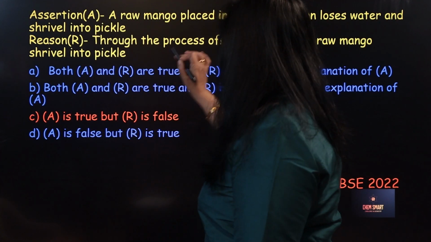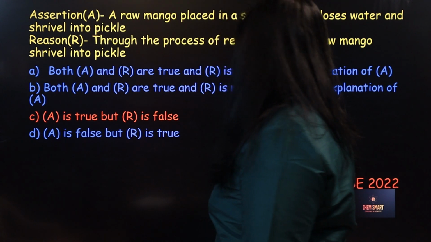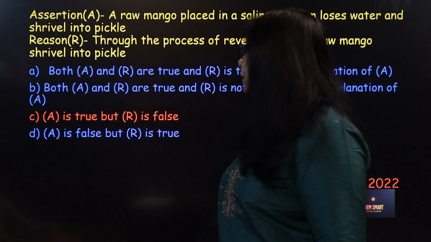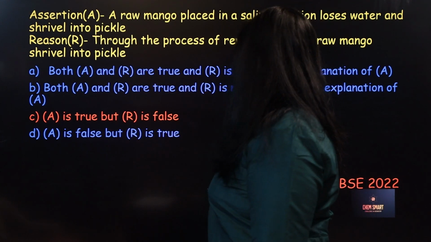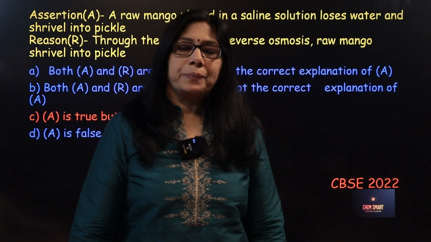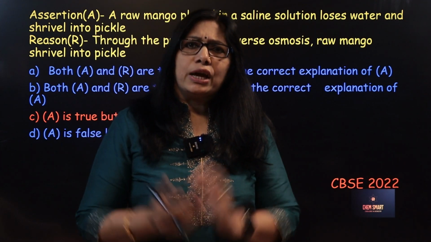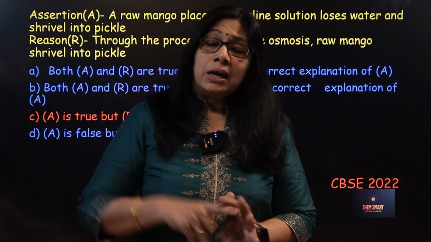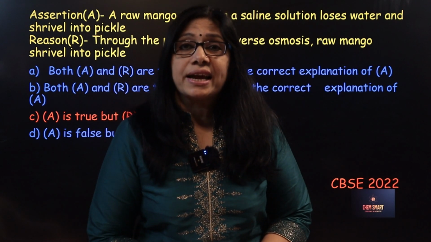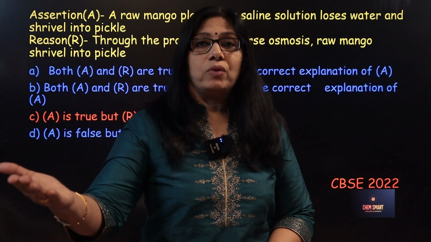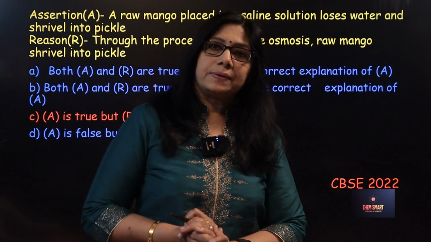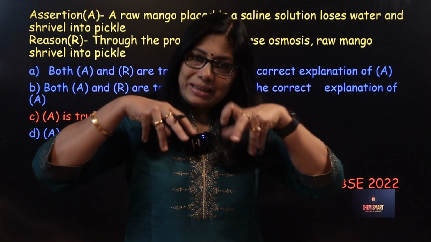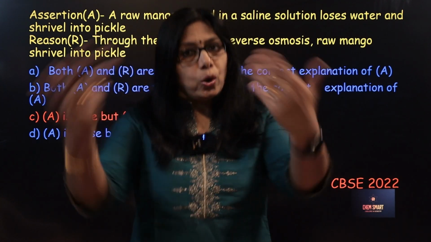Assertion: a raw mango placed in a saline solution loses water and shrivels into pickle. Reason: through the process of reverse osmosis, raw mango shrivels into pickle. You know, a raw mango contains a lot of water content inside. And when it is placed in saline water, outside in saline water, the amount of water is less. So there is flow of water from inside of the mango outward.